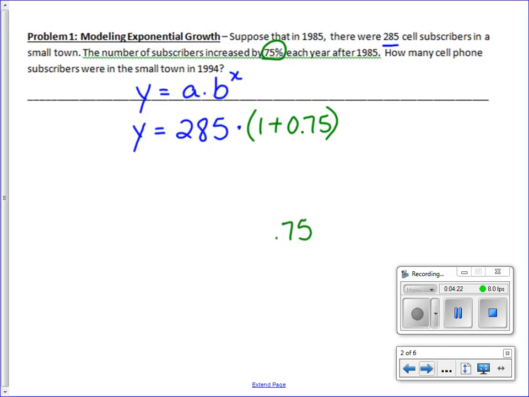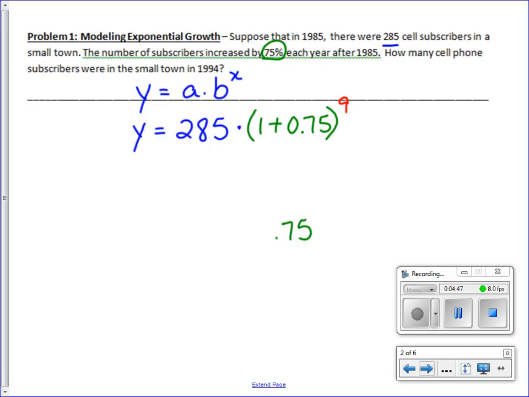We have 1986 would be year 1, 87 year 2, 88 year 3, 89 year 4, 90 year 5, 91 year 6, and so forth, 92, 93, 94, you would end up with a power of 9.